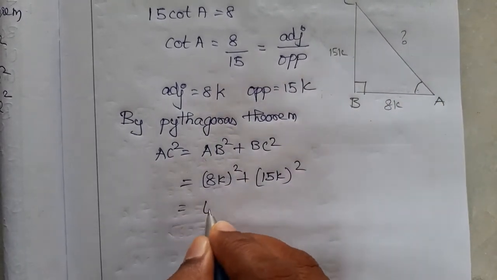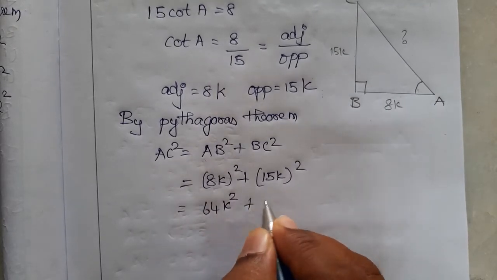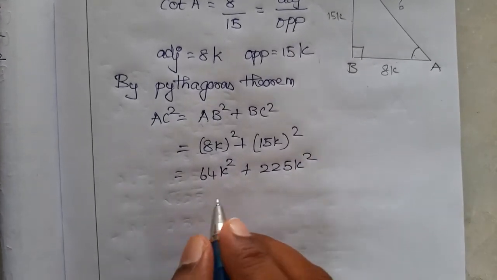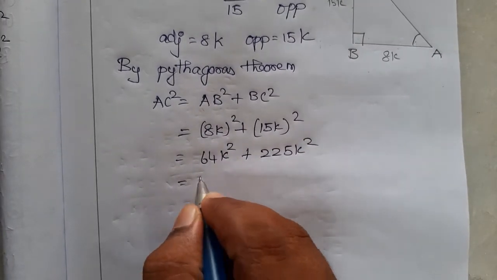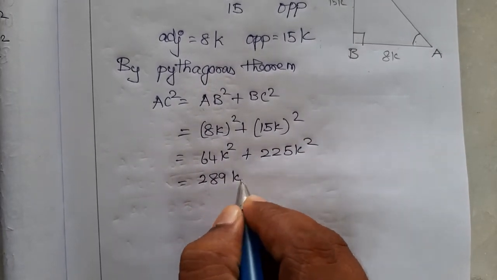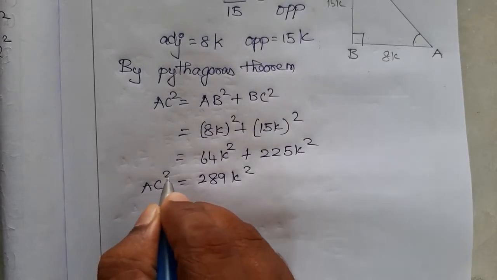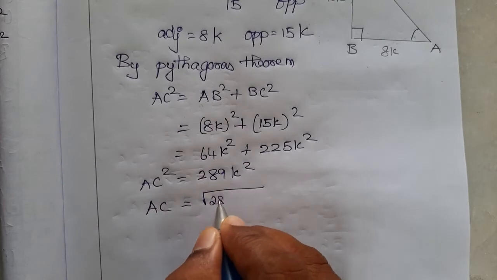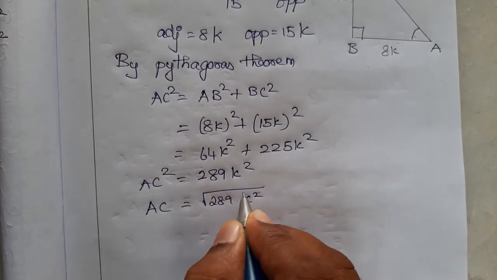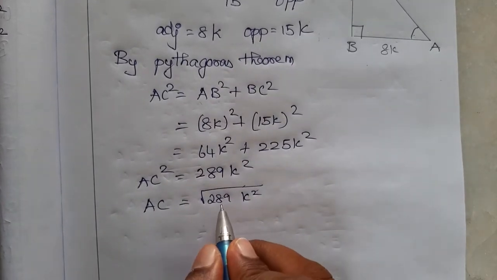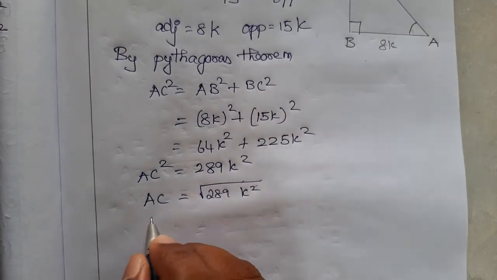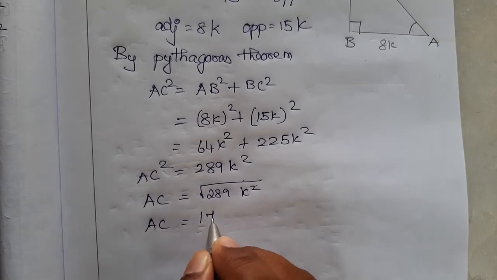So 8k the whole square is 64k square plus 225k square. If we add 64 plus 225, we get 289k square, which is AC square. If we take the square root, we get the square root of 289 and k square. The square root and k square cancel, and the square root of 289 is 17, right? 17 into 17 is 289. So AC is equal to 17k.